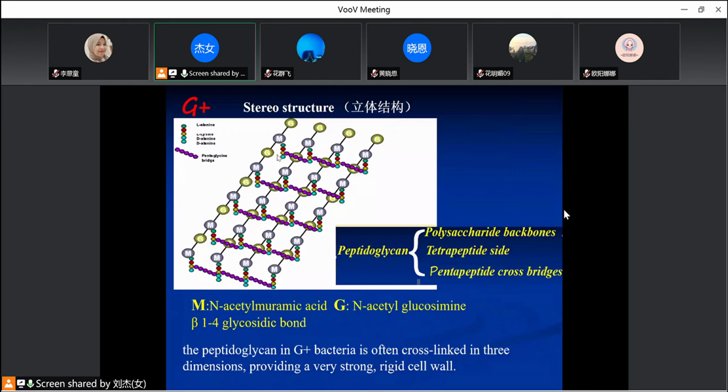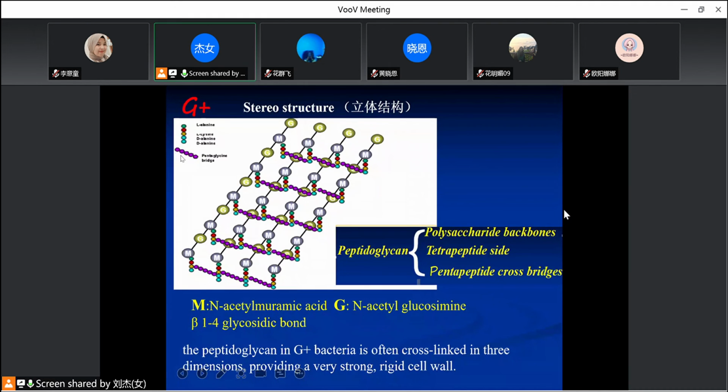Let me show you the backbone. This one, you see the M and G. The M means this acid, and G means another kind of acid. So M and G form a backbone. The backbone is formed by M and G, and they have something called a cross bridge.